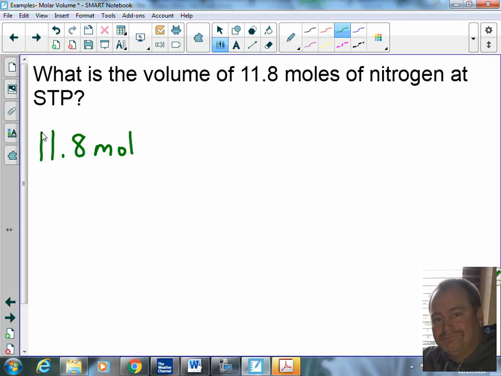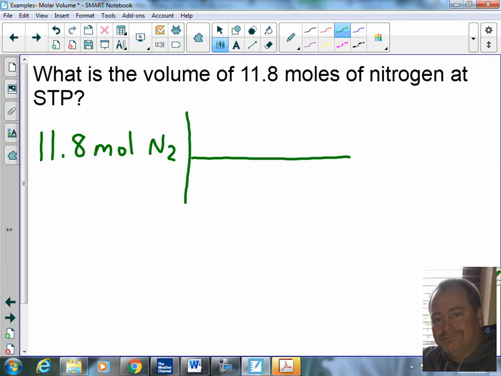11.8 moles of nitrogen. Remember that nitrogen is a super 7, right? It should not matter right here. Okay, but just remember that nitrogen is a super 7. Put my conversion box up.